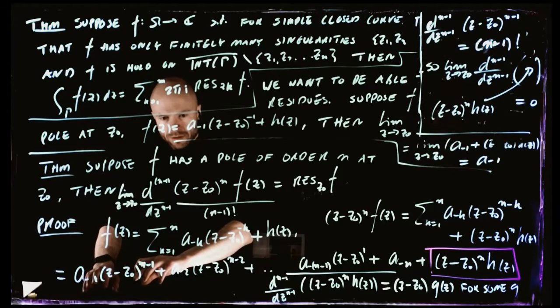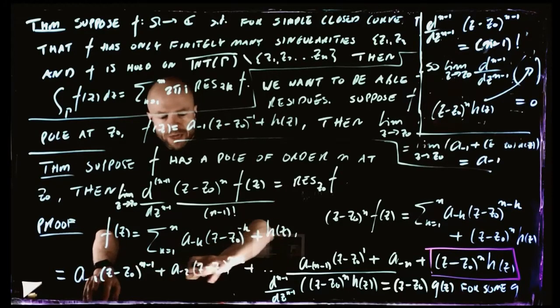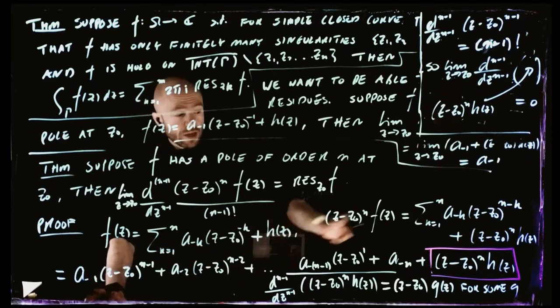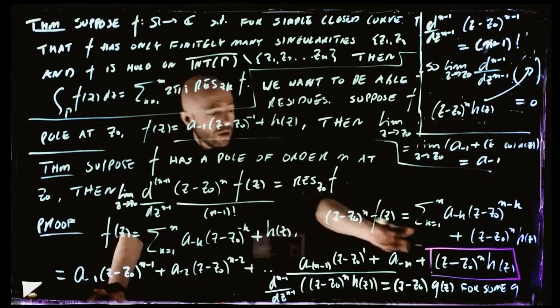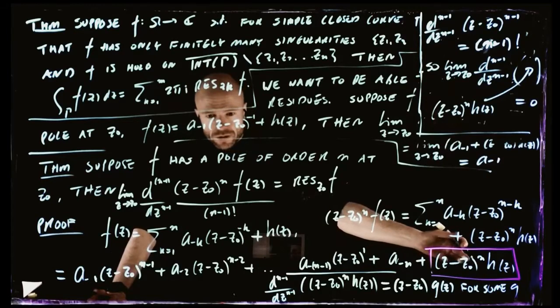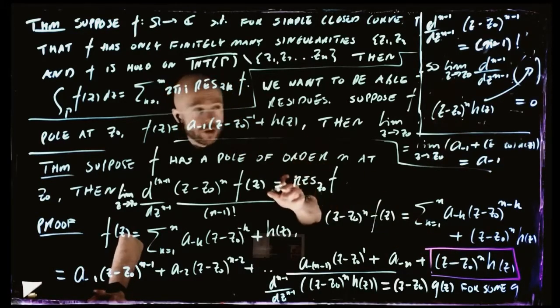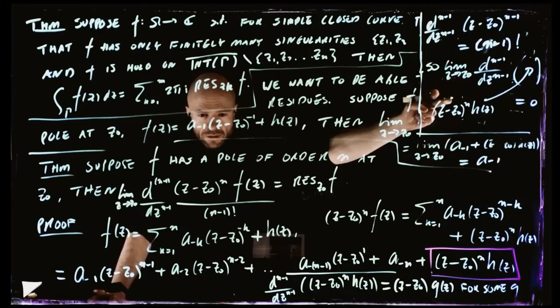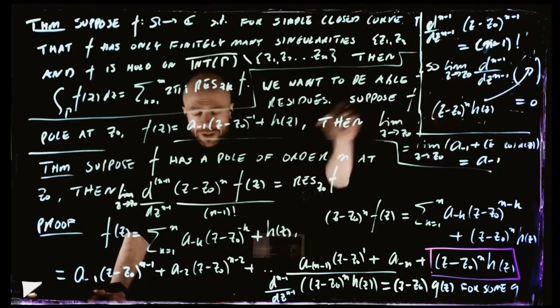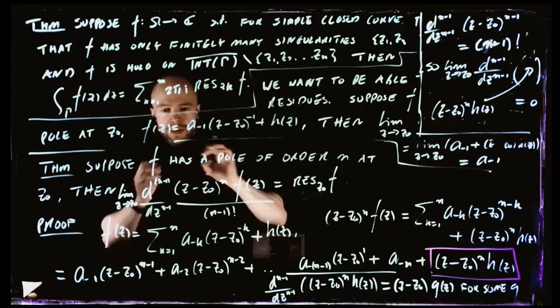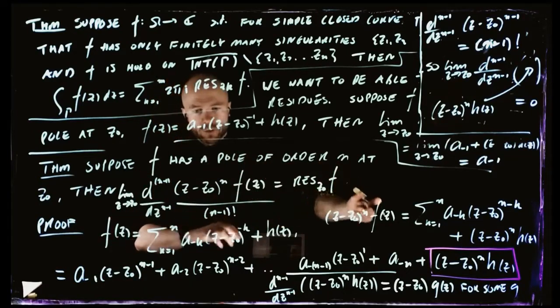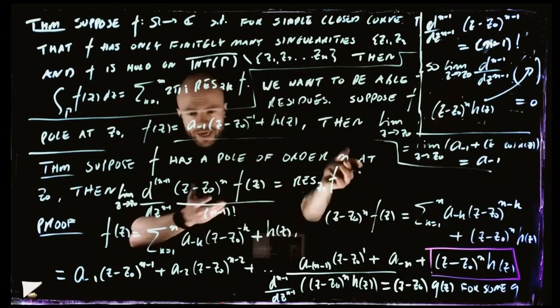Everything else just vanishes. And when we take the limit as z goes to z0, this guy differentiated n minus 1 times is not a problem either. So all we get in the end is n minus 1 factorial times a to the minus 1. We divide by n minus 1 factorial and we get exactly the residue.